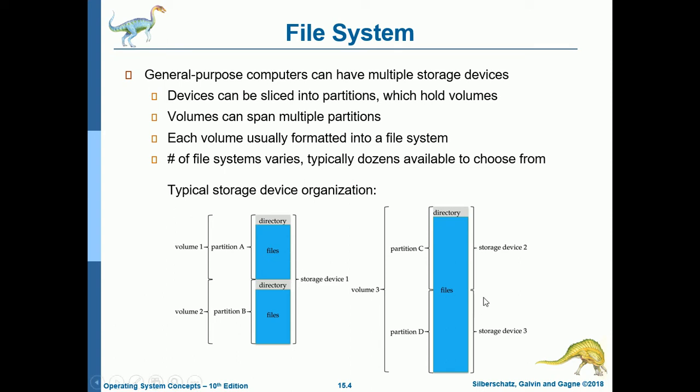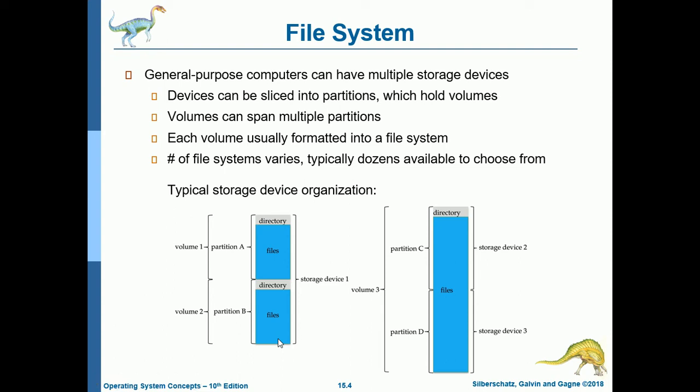So this is another one on the right, but of course it's not a common setup for Windows since we are used to the Windows operating system. For this one, we have storage devices 2 and 3, which correspond to partition C and partition D, but these partitions are each composed of only one volume. So this is an unusual setup compared to the left side, which is the common setup in Windows.